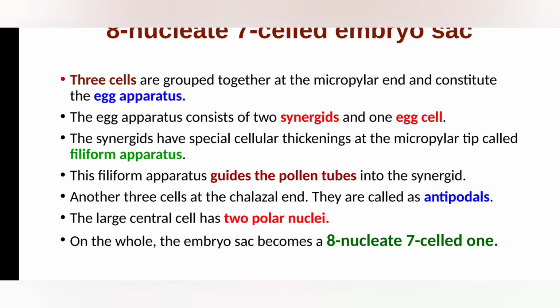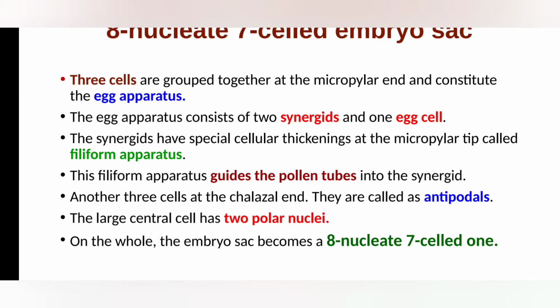The filiform apparatus guides the pollen tubes into the synergid. When the pollen grain lands on the stigma, it develops a pollen tube, and the pollen tube grows gradually and reaches the egg apparatus. When it reaches the egg apparatus, the filiform apparatus guides the pollen tubes into the synergid.